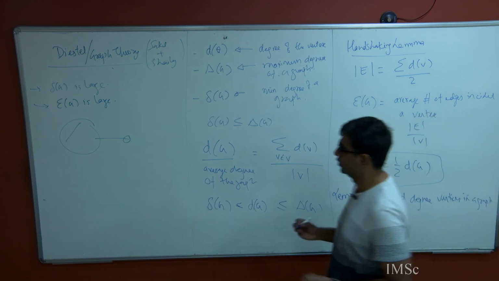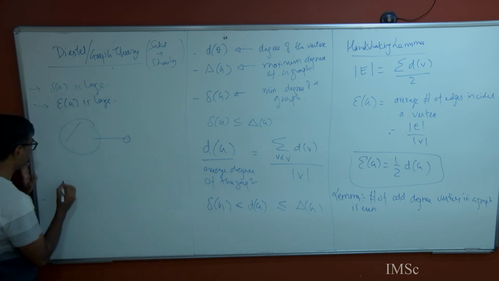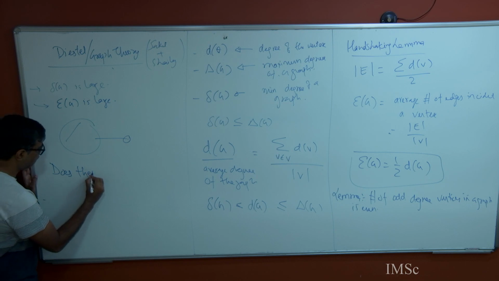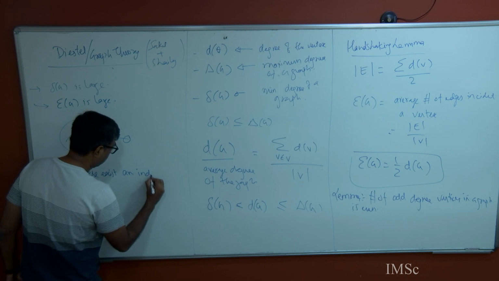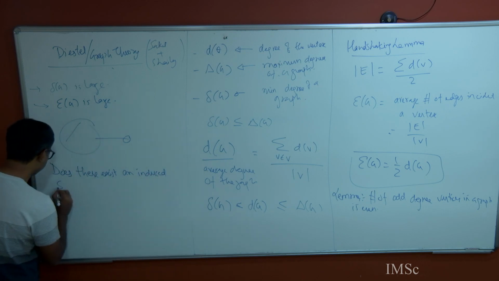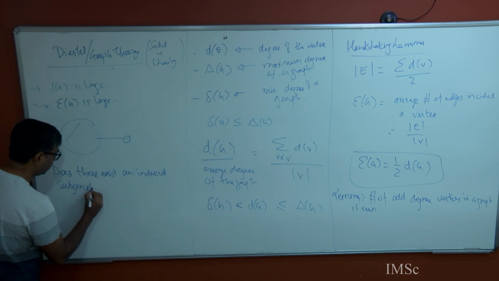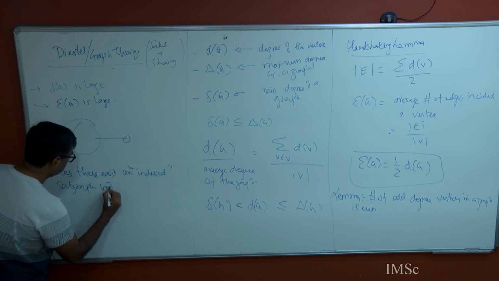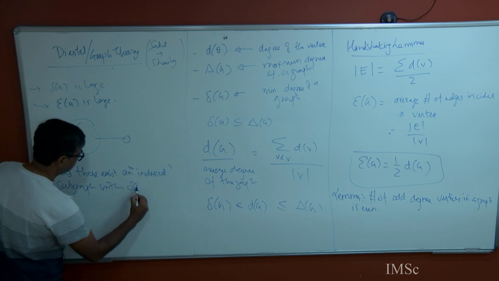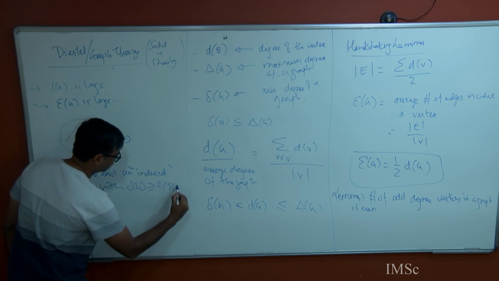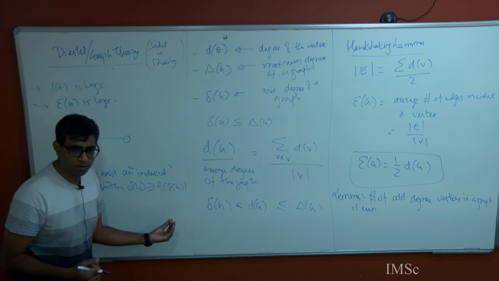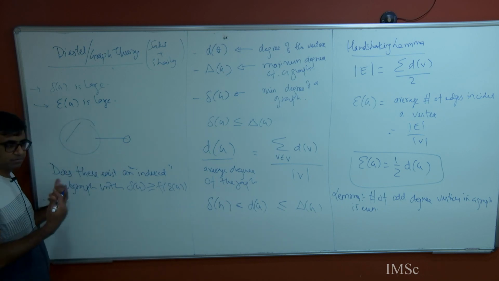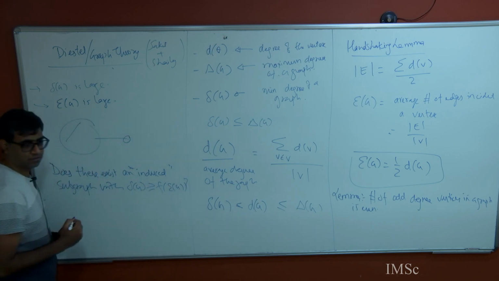So given this counterexample, our first basic question is, does there exist an induced subgraph, or subgraph, whatever you want to call it, with delta G some function of epsilon G? Maybe it is not exactly equal to epsilon G, but maybe epsilon G by 2 or something. You ask these kinds of questions.